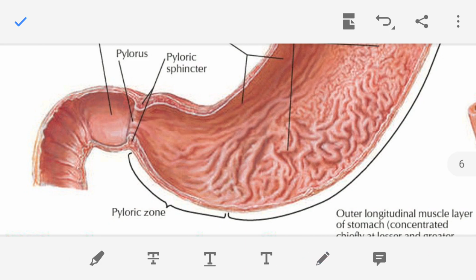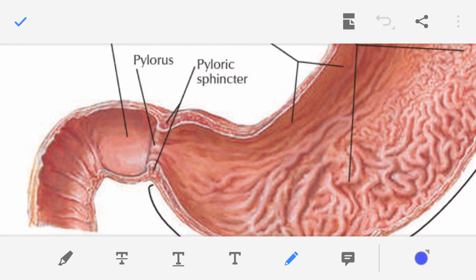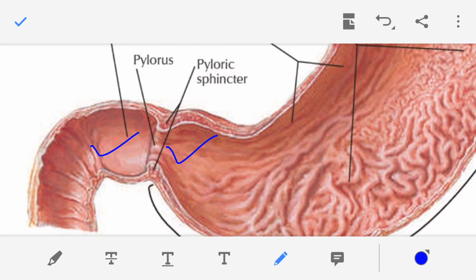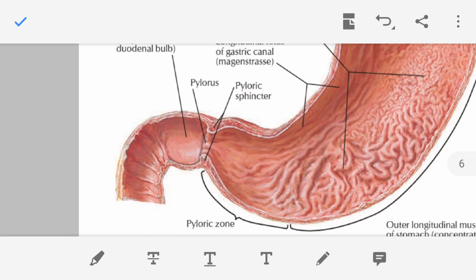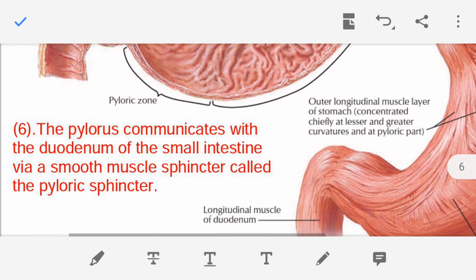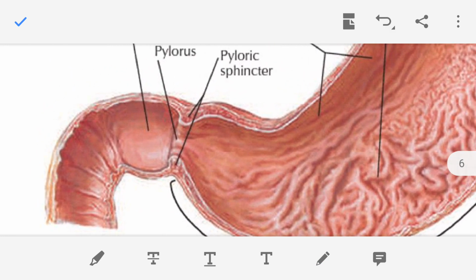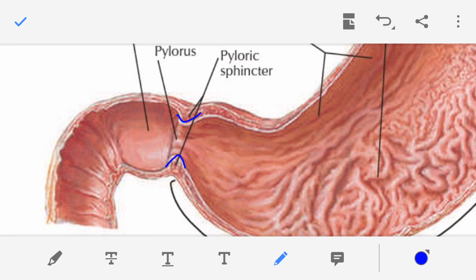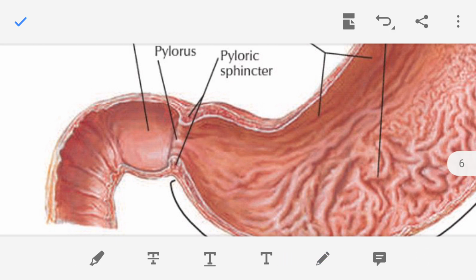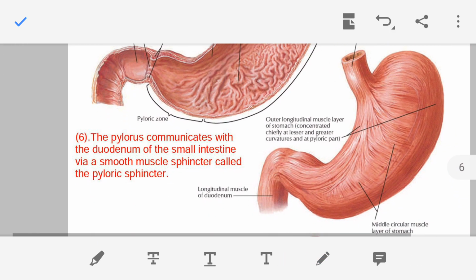So this passage between the stomach and duodenum is guarded by the pyloric sphincter, and this pyloric sphincter is made up of smooth muscle. This sphincter is acting as a valve. When this valve or sphincter opens up, the chyme will enter into the duodenum.